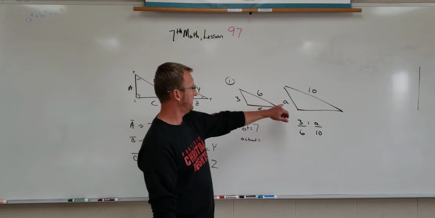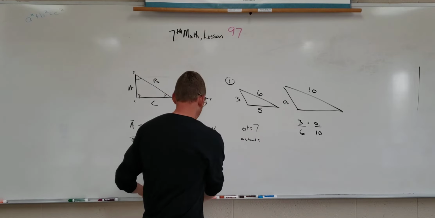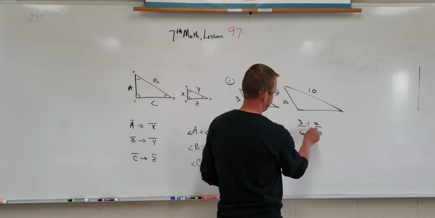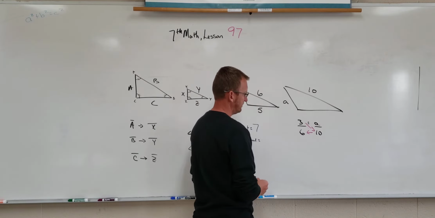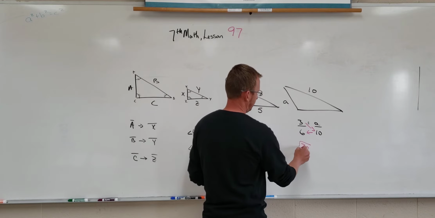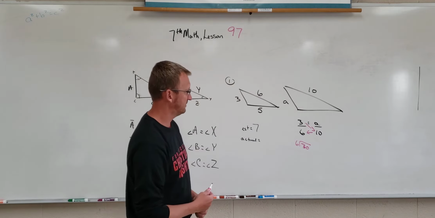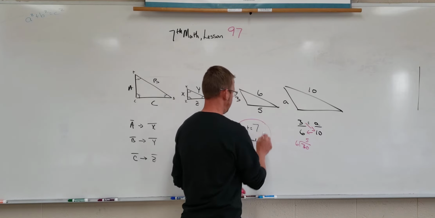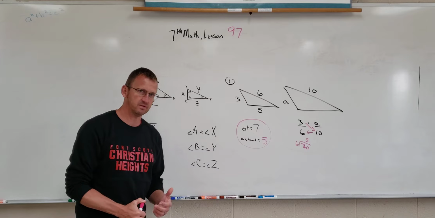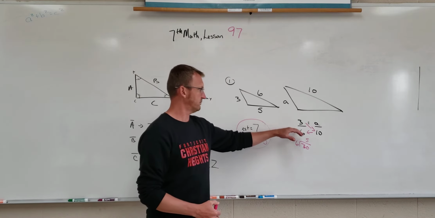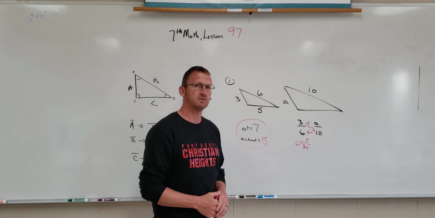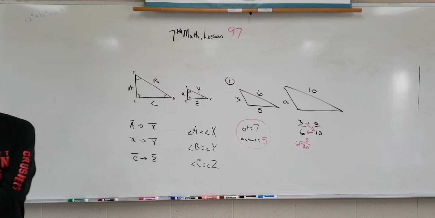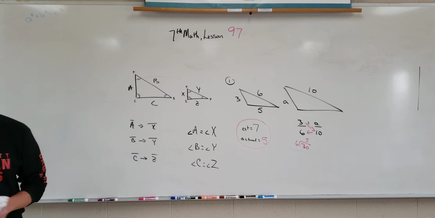And we're going to compare 3 to A. Now, it is going back to simple cross multiply and divide. 3 times 10 gives me 30, divided by 6 gives me 5. So my actual is 5. So you're going to give me an estimate, then you're going to set it up as ratios or proportions, and then solve, cross multiply and divide. Okay? So that is how we are finding the lengths of those.